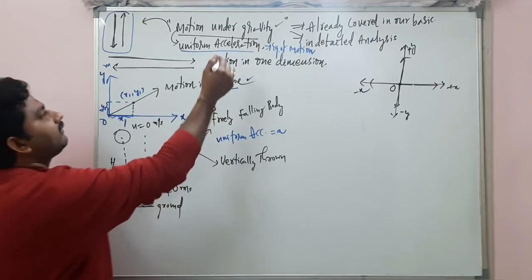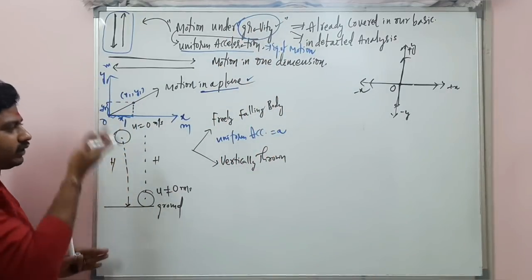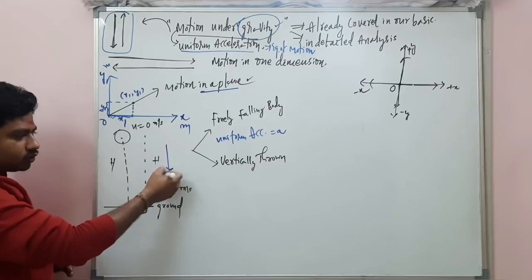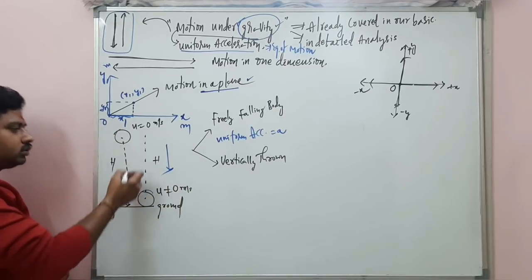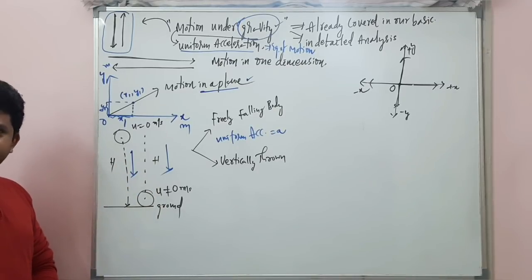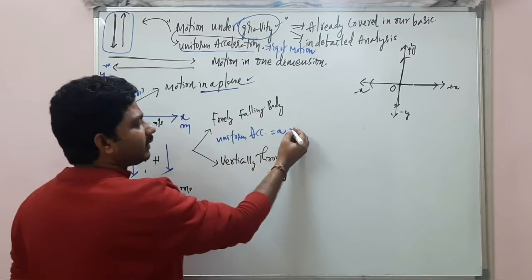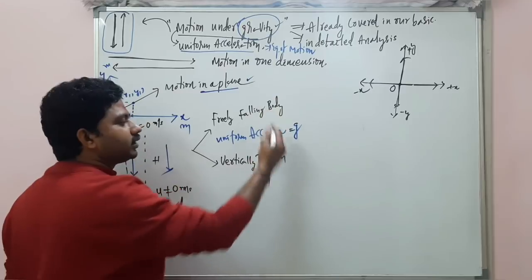Due to gravity only. When the body is moving up, the gravitational force will act downward. When the body is moving down, the gravitational force will act downward only. Understand? So this uniform acceleration is also called acceleration due to gravity.